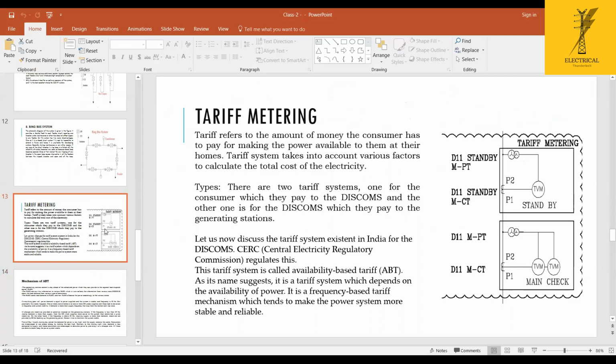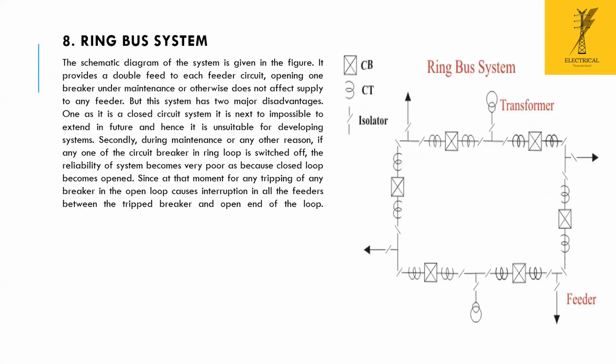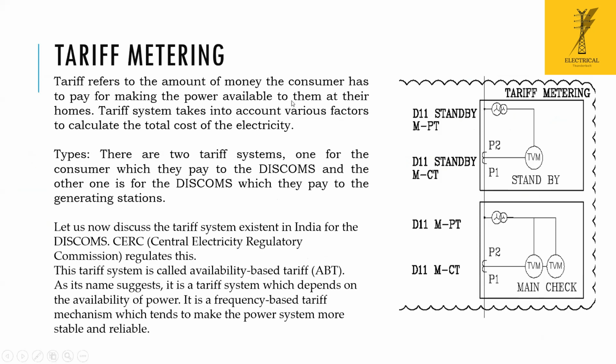A tariff refers to the amount of money the consumer has to pay for making power available at their homes. There are two types of tariff scheme. One is what the consumer pays to the discoms, and the other is what the discoms pay to the generating stations, that is, to us.